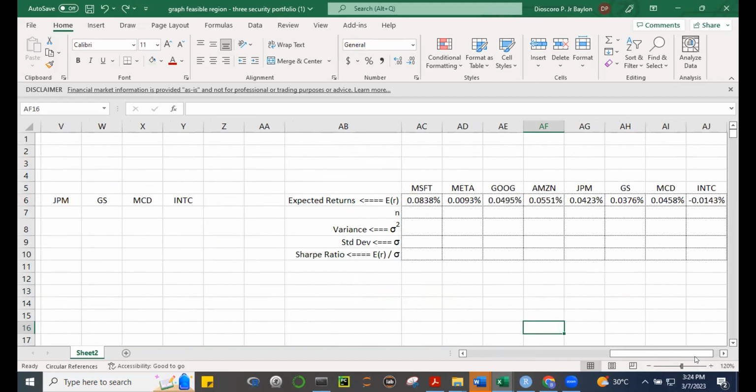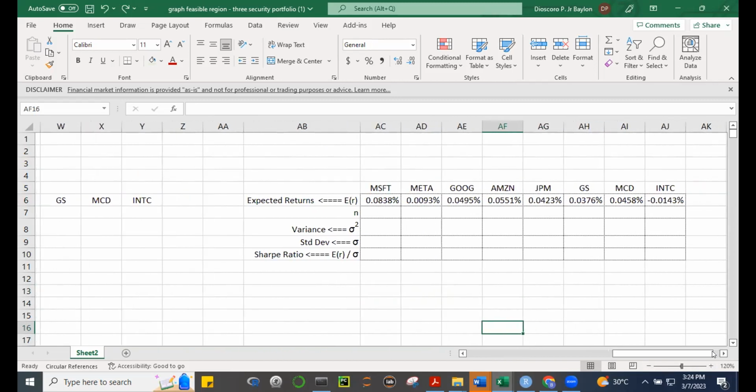Feedback, please, class. I'm waiting for you to finish, to be able to compute for the expected returns.